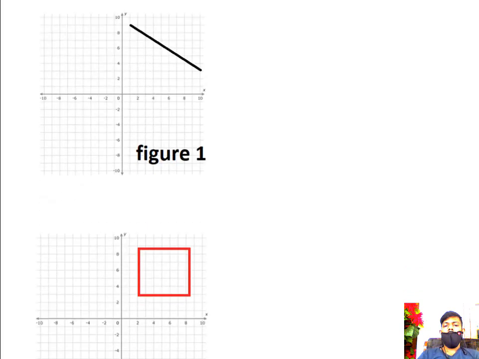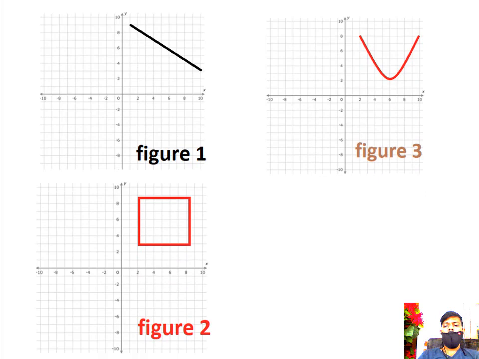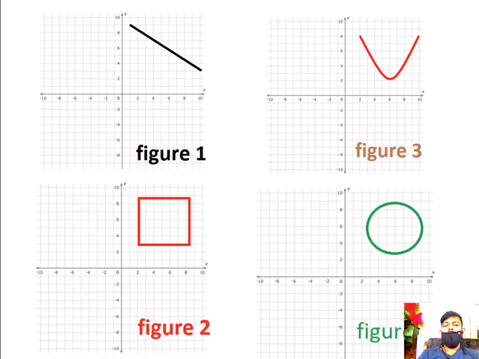So again, the figures 1, 2, 3, 4, and draw a vertical line in figure 1, and that vertical line crosses the graph at exactly one point. Therefore, it is an example of function.